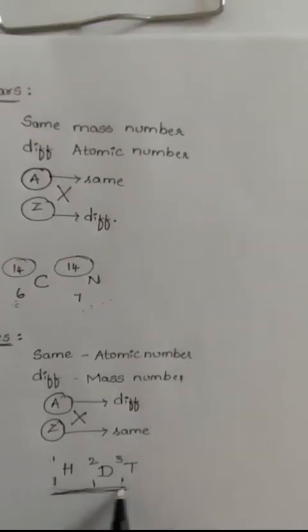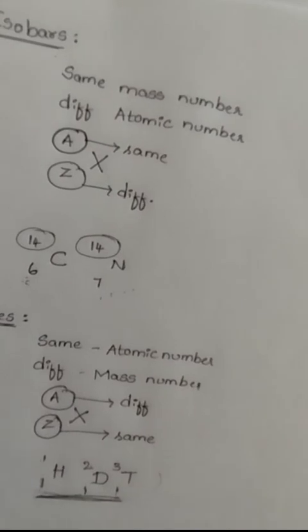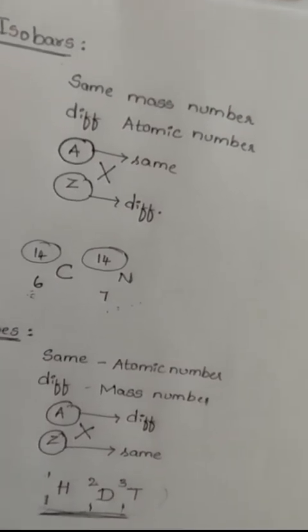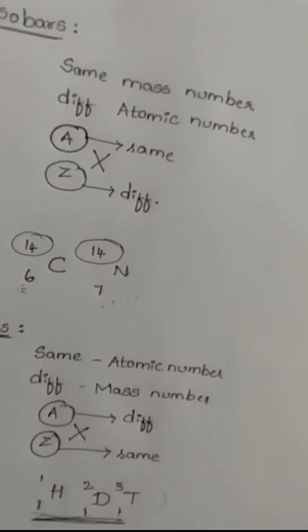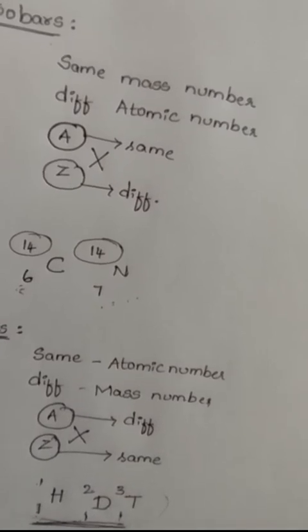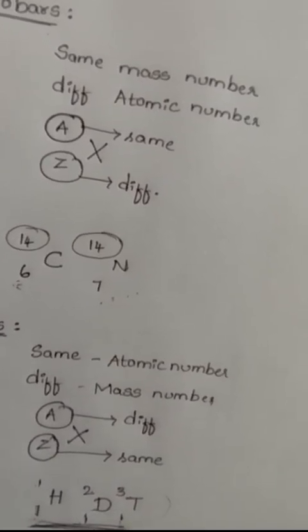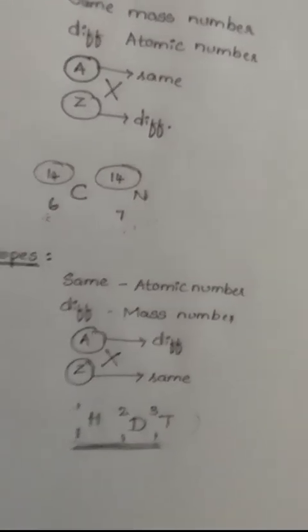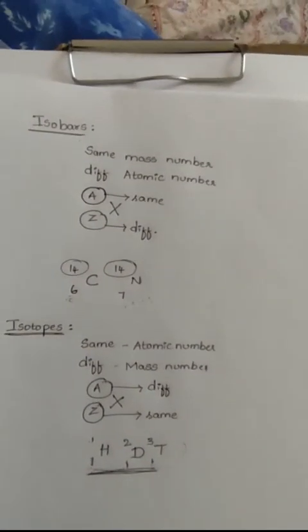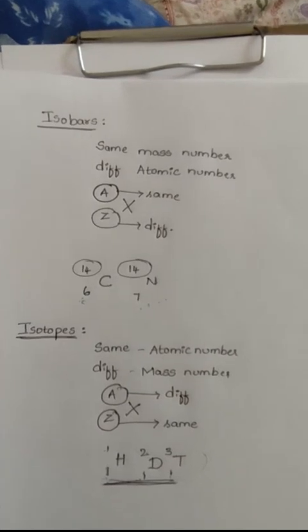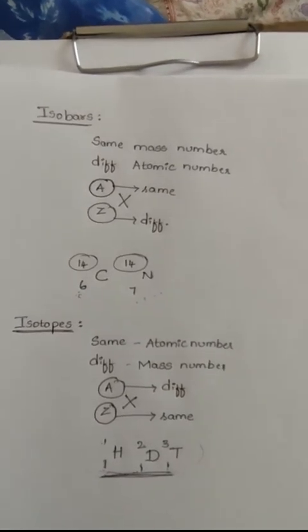Based on this behavior, isotopes are used in many experiments to know the behavior of compounds. So these are isotopes, isobars, atomic number and mass number.